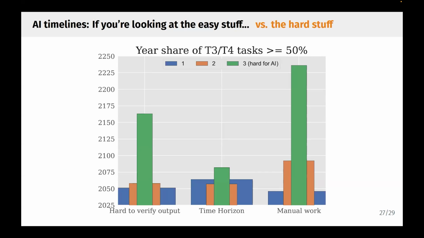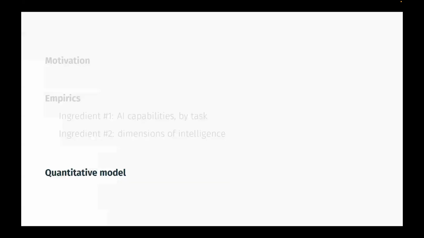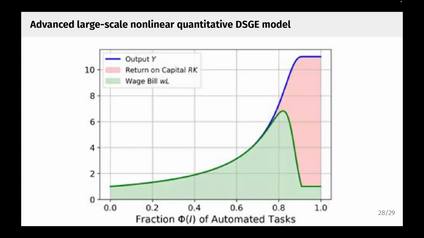The takeaway from this is that the notion of an AI timeline doesn't make sense on a single dimension. You should really have many timelines depending on what dimension of task or intelligence you're talking about, and we're seeing, as mentioned earlier, growing divergence on some dimensions. We're thinking of taking this to a quantitative model similar to Anton, Korinek and Suh's paper.